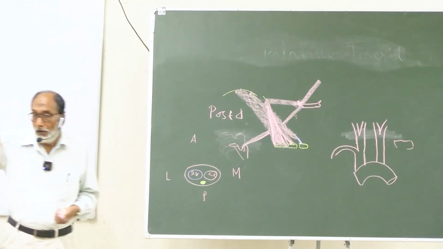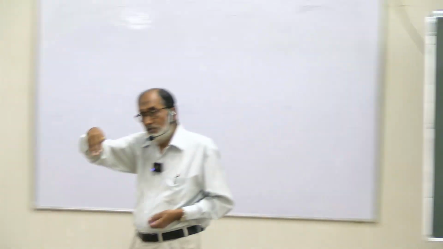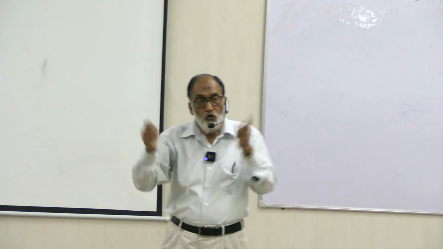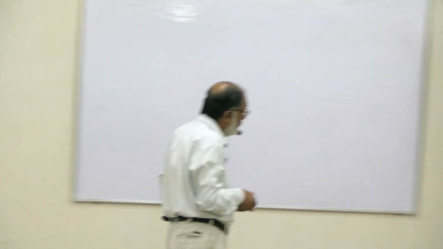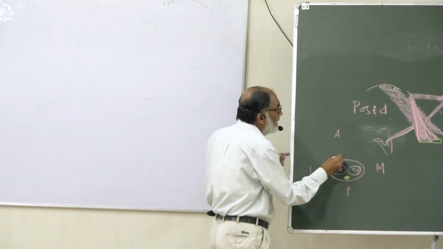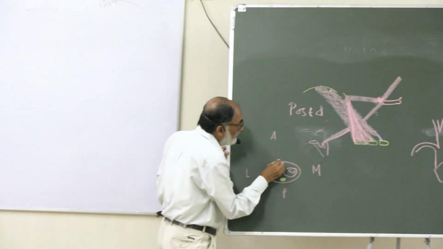On the anterior wall of the carotid sheath, one important loop lies embedded. Embedded means it lies within the anterior wall. What is that? Ansa cervicalis. Very good. So it is the anterior aspect, here lies the ansa cervicalis.